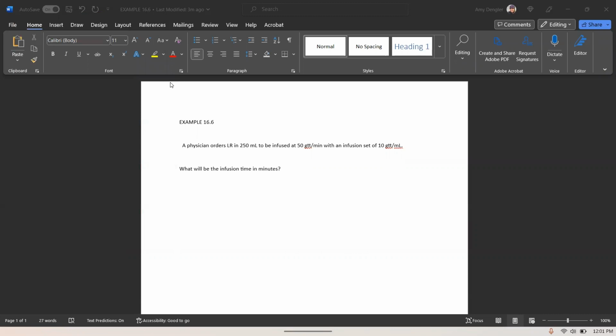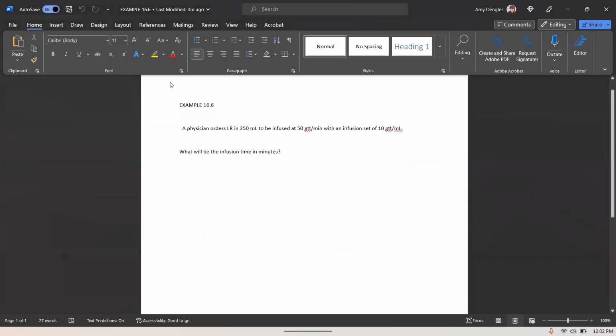Example 16.6, a physician orders lactated ringers in 250 ml to be infused at 50 drops per minute with an infusion set of 10 drops per ml. What will be the infusion time in minutes? This problem is going to require two proportions.